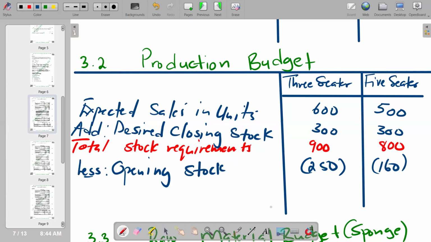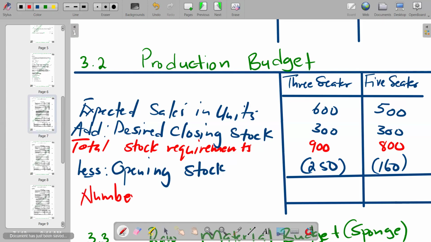From there, you get your final figure, which is the number of units to be produced.